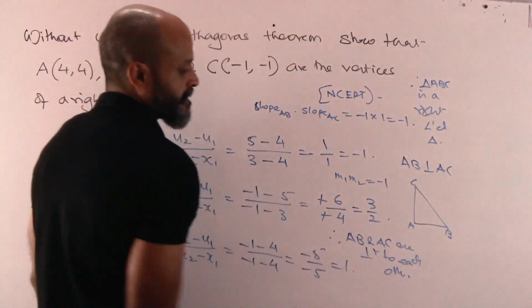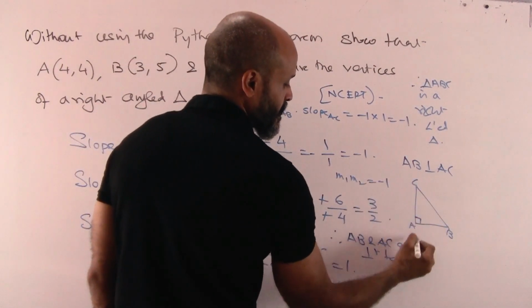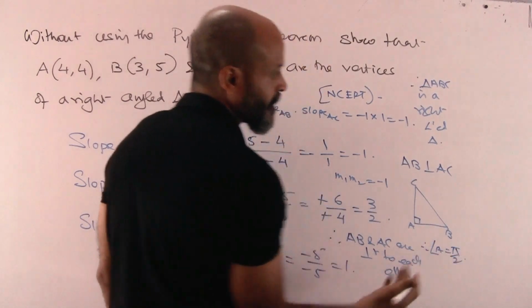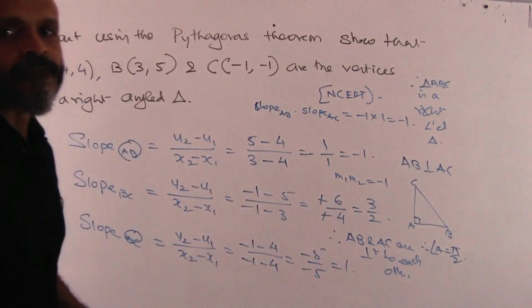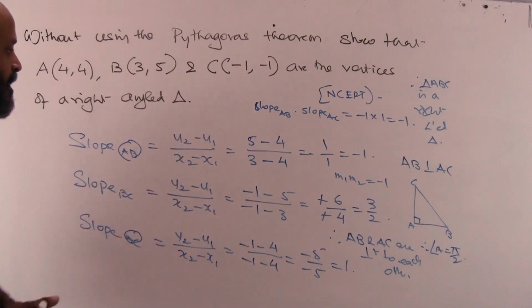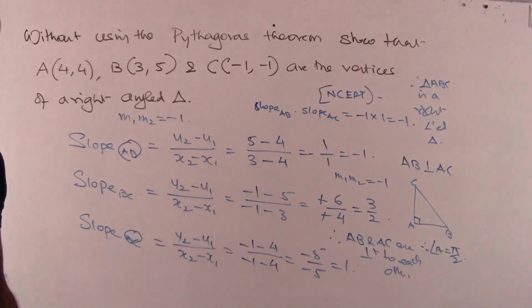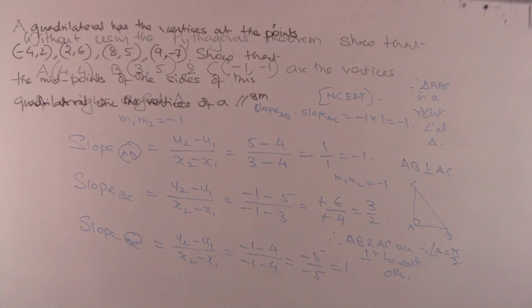AB is perpendicular to AC, so therefore angle A is equal to pi by 2 or 90 degrees. So this proves it, and we are proving it by using the condition m1 m2 is equal to minus 1, hence the lines are perpendicular.